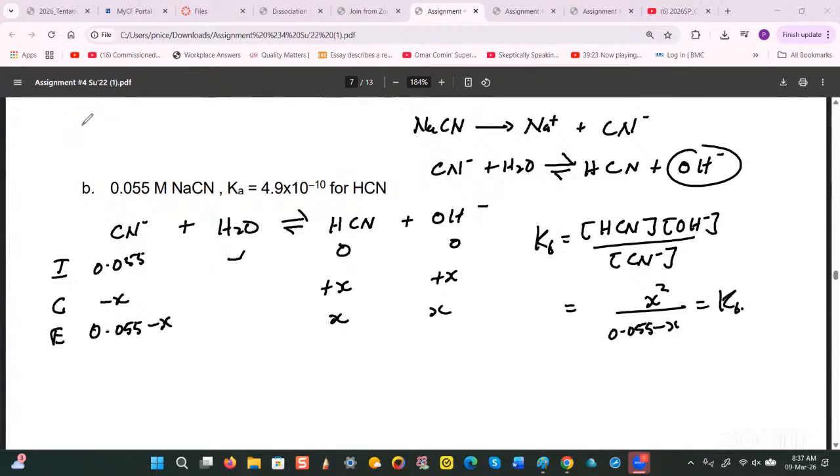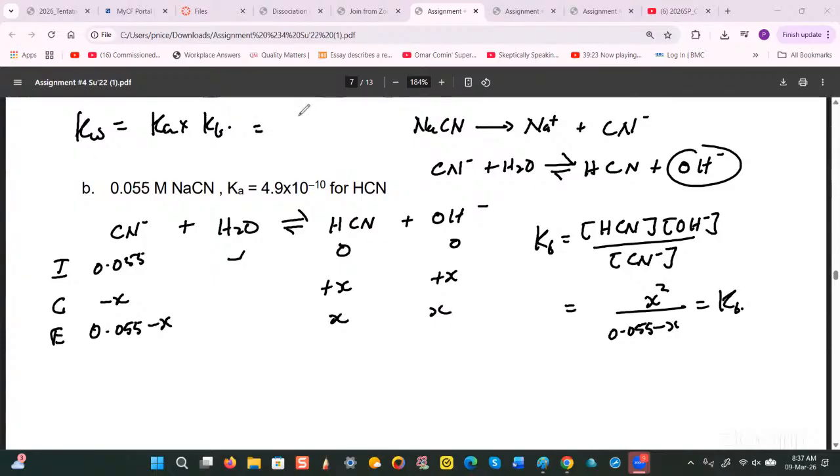Does this look familiar? Kw is equal to Ka times Kb. That's a relationship between the dissociation constant of an acid and the dissociation constant of the conjugate base.